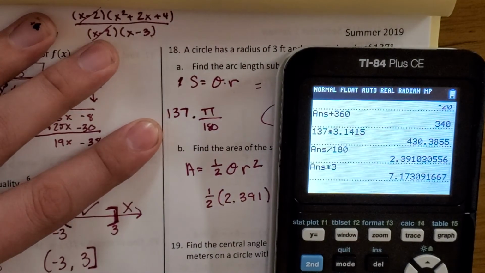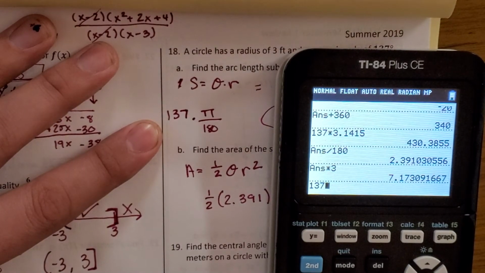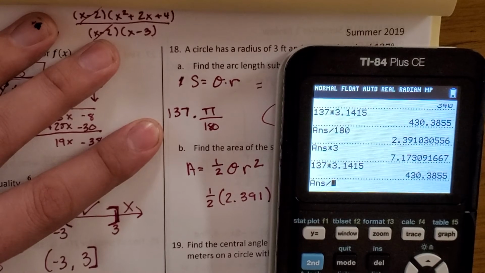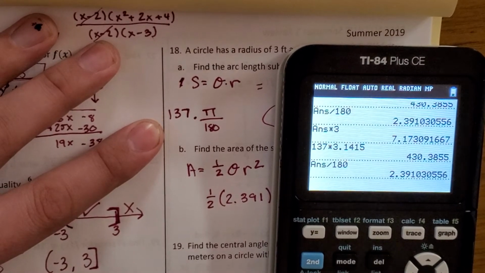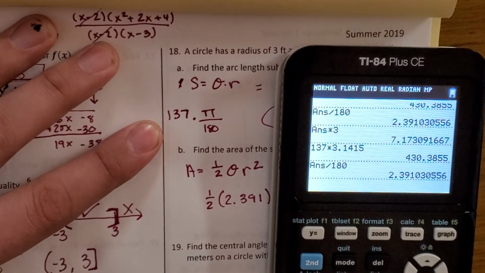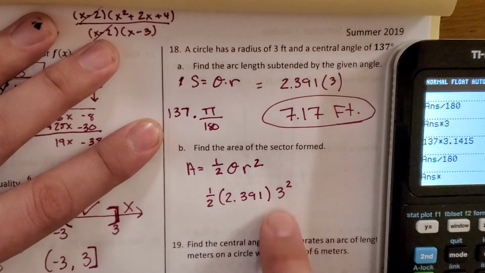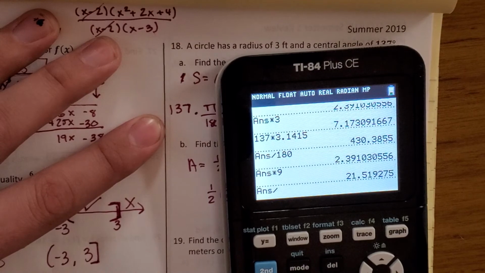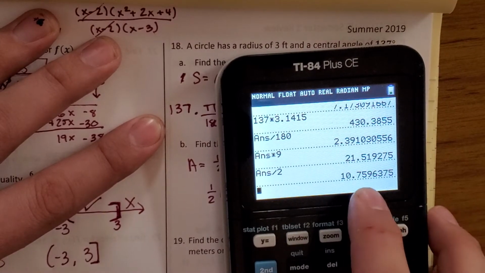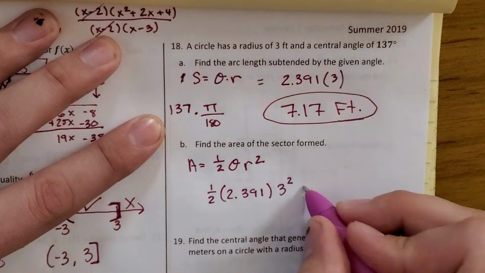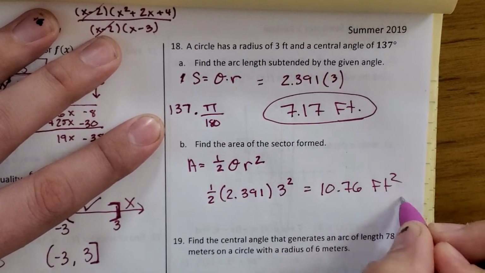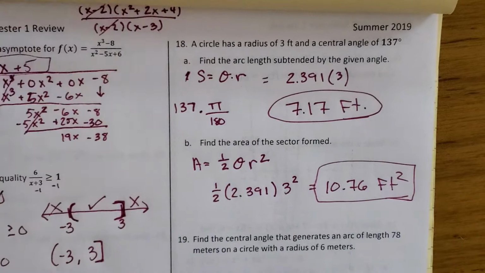So I'm going to take this, let me find it again, 137 times pi divided by 180. So there's my 2.391. Times that by 3 squared, which is 9, and then times that by 1/2, which is the same as dividing by 2, and I get 10.759, so 10.76. 10.76 feet squared. That is going to be the area of the sector.